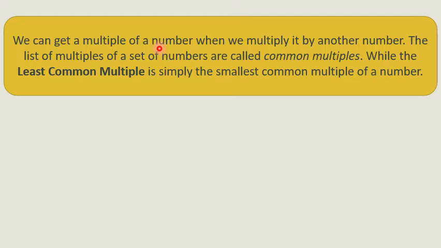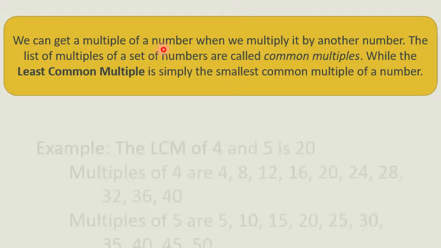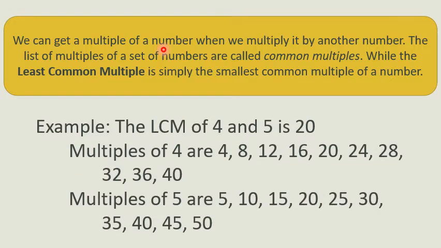Halimbawa may dalawang number tayo na hinahanap natin multiples nila, then may makikita tayo na magkatulad sila ng multiples, ang tawag dito ay common multiples. And yung pinakamaliit na common multiple nila, yun po ang tinatawag natin na LCM or least common multiple. Example, we have the LCM of 4 and 5.